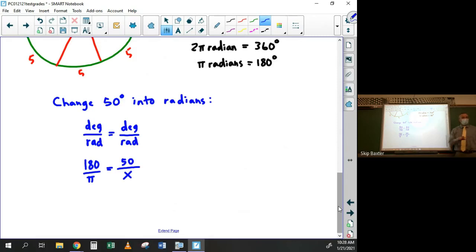Now, it would have made no difference if instead of doing 180 over pi, I did 360 over 2 pi. It's the same, right? Stuff's going to divide out. So I just changed it to pi and 180 to make the arithmetic a little simpler, less stuff to cancel. But it wouldn't have made a difference. And now how do I solve for x? Cross multiply, divide, whatever, right?